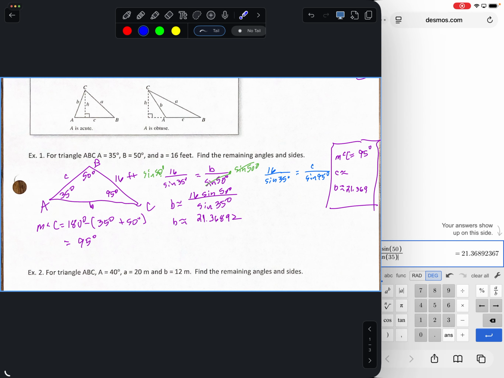I mean, I could put b over the sine of 50, but that's something I calculated. I don't really have to use it. So I prefer to stick with what they gave me. So I'd rather use 16 over the sine of 35 is as c is to the sine of 95 degrees. And once again, you multiply both sides by sine of 95, and c is 16 times the sine of 95 degrees.